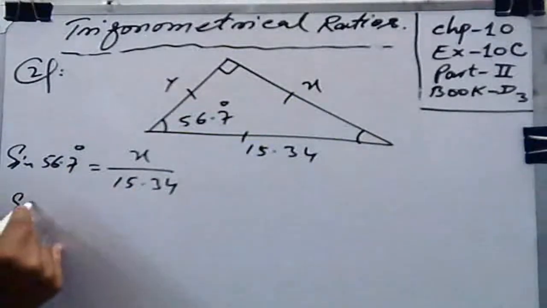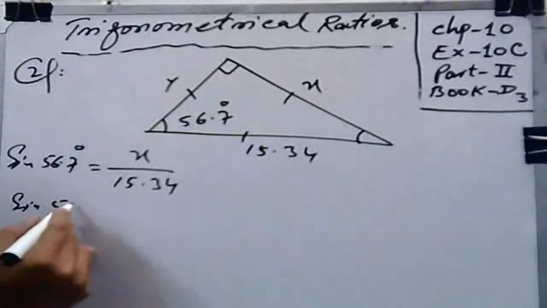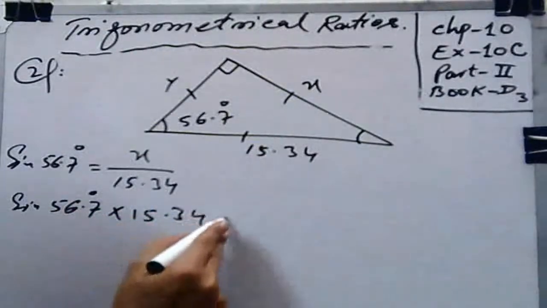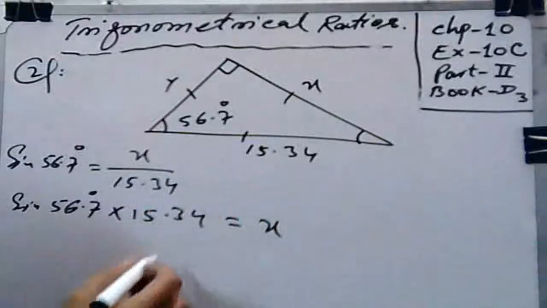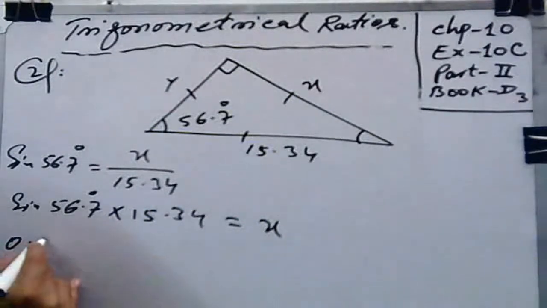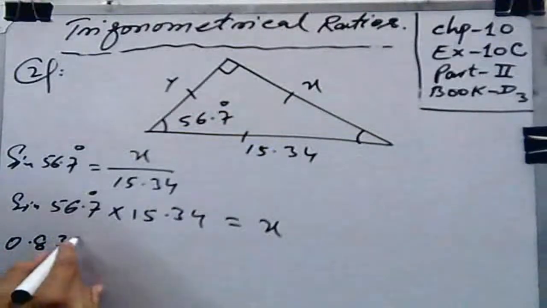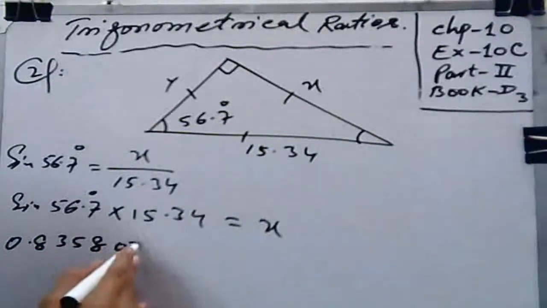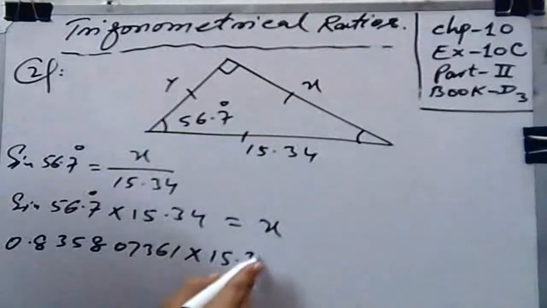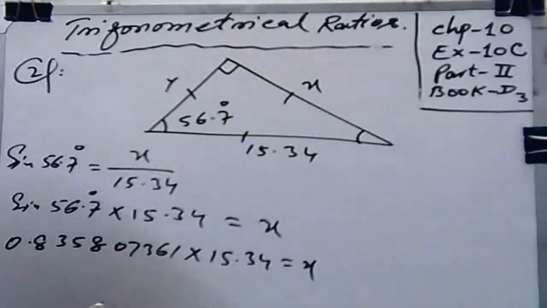So you need the value of x, so sine 56.7 degree multiplied by 15.34 is equal to x. So what is the value of sine? That is 0.83580731, with the help of calculator, multiplying by 15.34, it is your x.